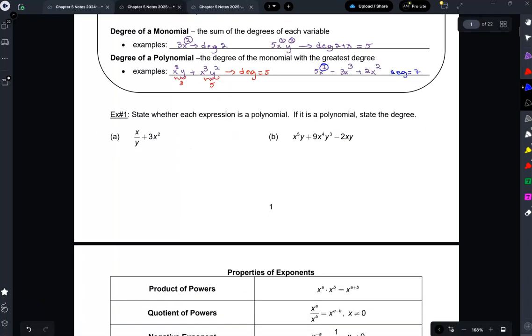All right. So state whether each of these is a polynomial. And if it is a polynomial, state the degree. This one is not a polynomial because you have this variable in the denominator. So this is not a polynomial. This one is a polynomial. You can see there are no negative exponents.